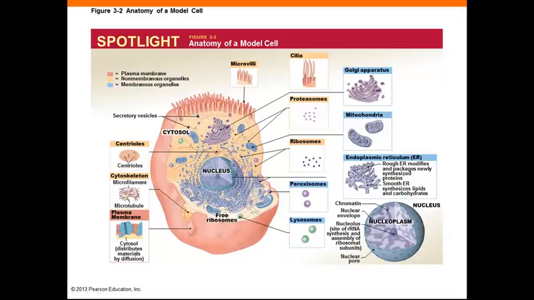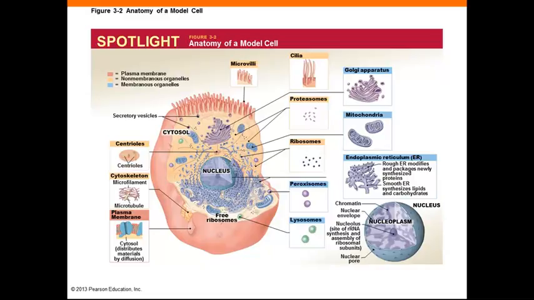Ribosomes mainly function to manufacture proteins. Proteasomes, which are pictured here as little tiny bean-shaped structures, are organelles that contain protein-breaking enzymes, which are called proteases or proteolytic enzymes.